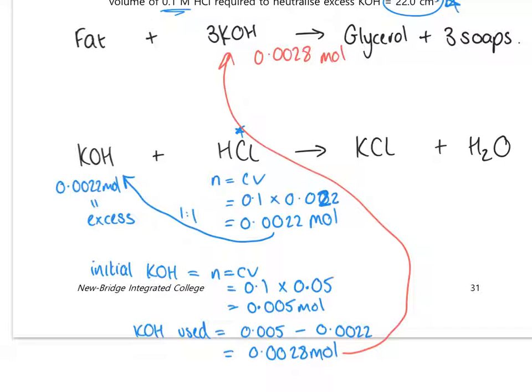So when you're going between two different equations, you don't include the ratio. Okay. So how do I work out the mass of potassium hydroxide that I've used?